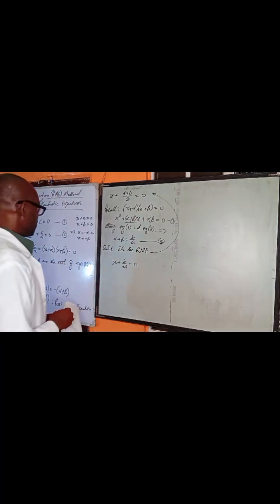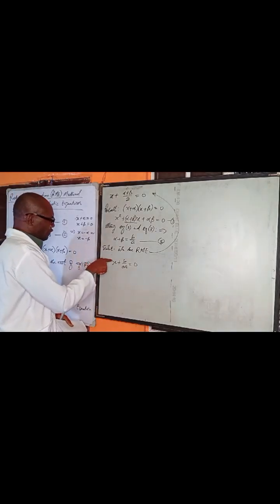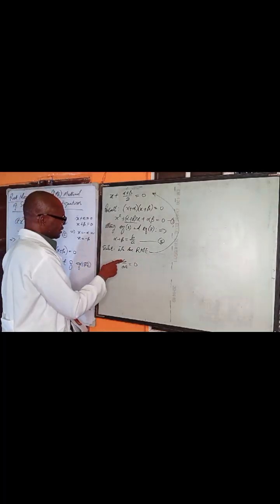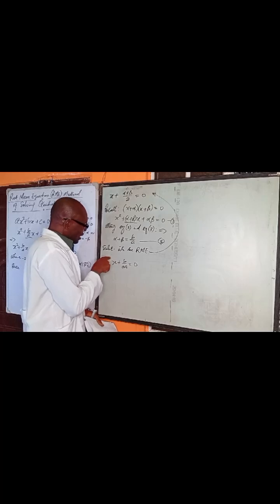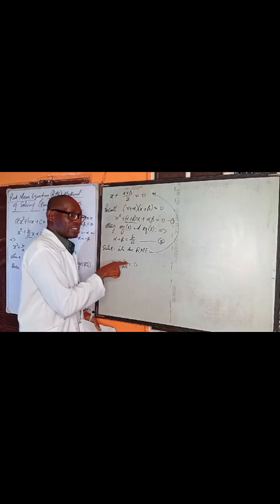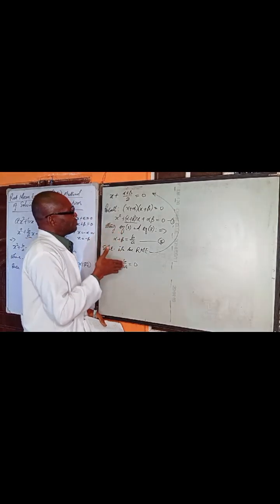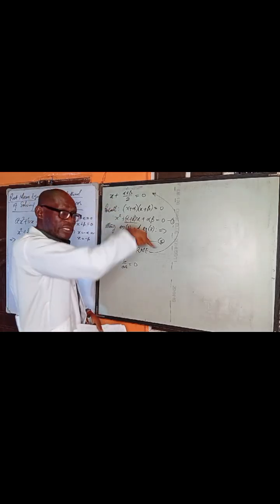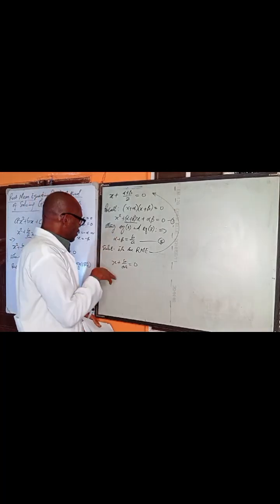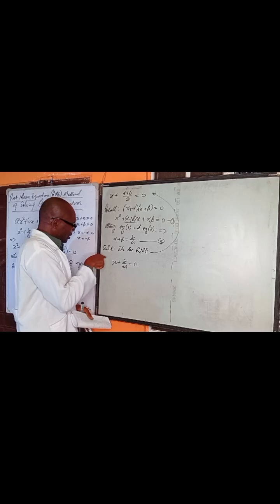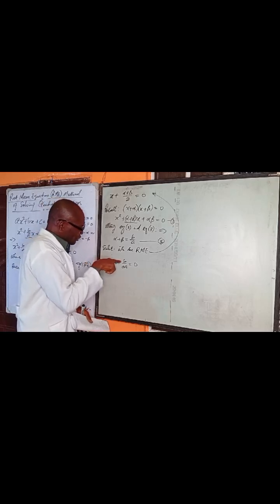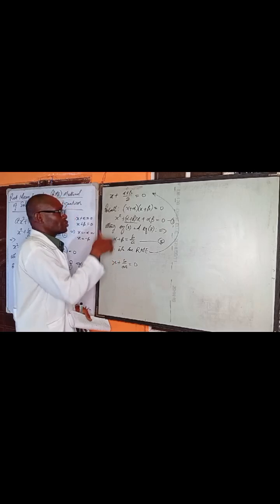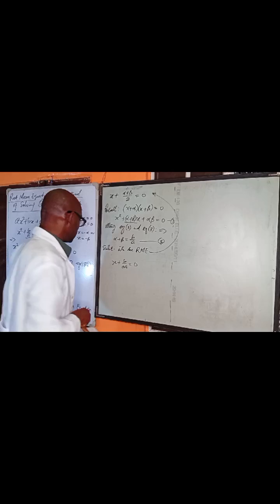Mind you, we actually want to solve for x. Ordinarily, one would have said x is equal to b over a. But no, rather, this x is the average line, or the median line, or the mean line of the roots of that quadratic equation. But our goal now is how do we use this mean line equation, or the root mean equation, to solve for the solution of that quadratic equation.